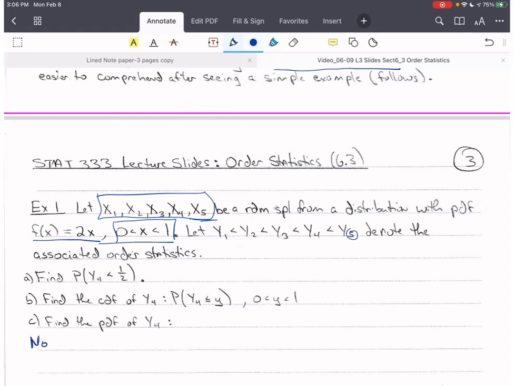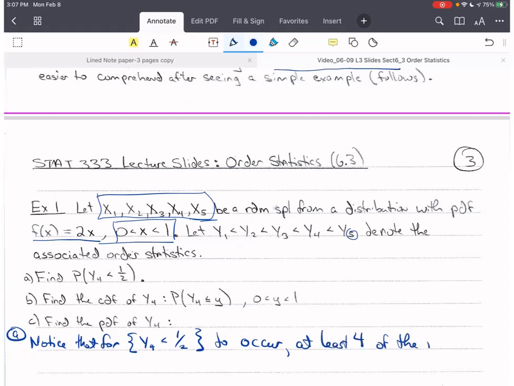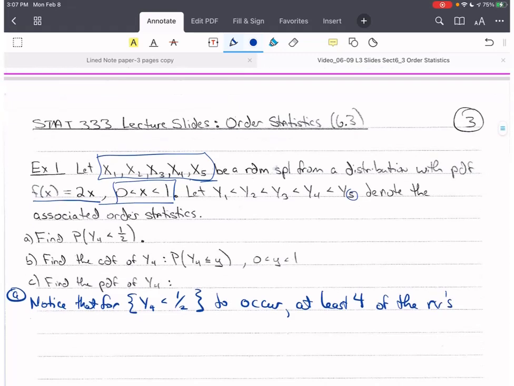Notice that for the set y4 < 1/2 to occur, at least 4 of the random variables x1, x2 to x5 must be less than 1/2. They have to be less than 1/2.